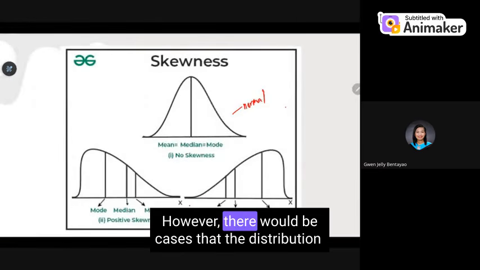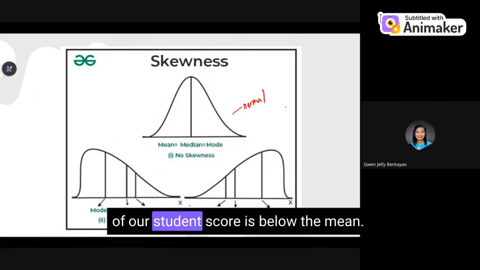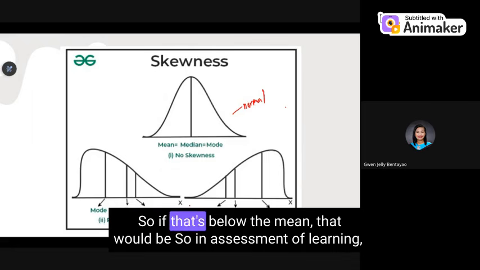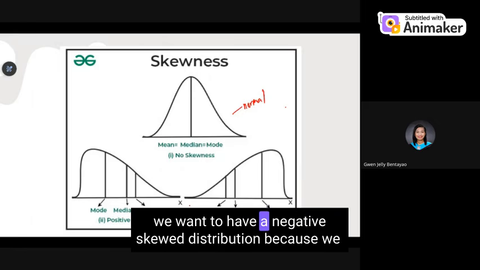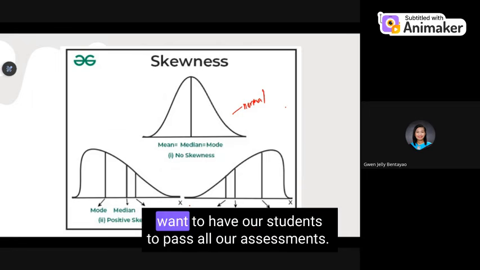However, there would be cases where the distribution of our students' scores is below the mean. That would be positively skewed. Or there would be cases where the distribution of our students' scores is above the mean. That would be negatively skewed.